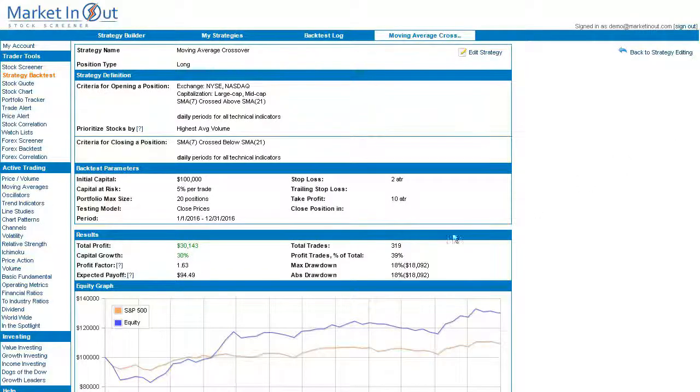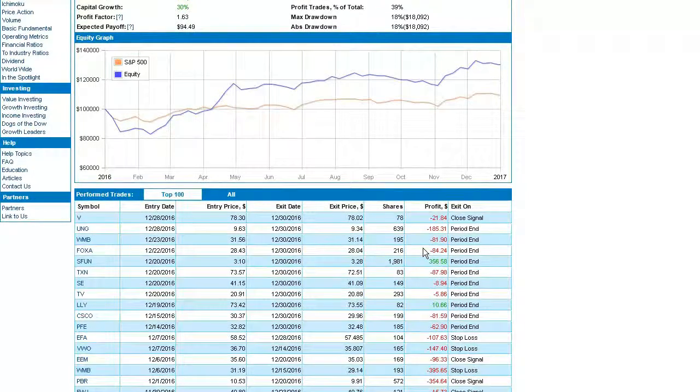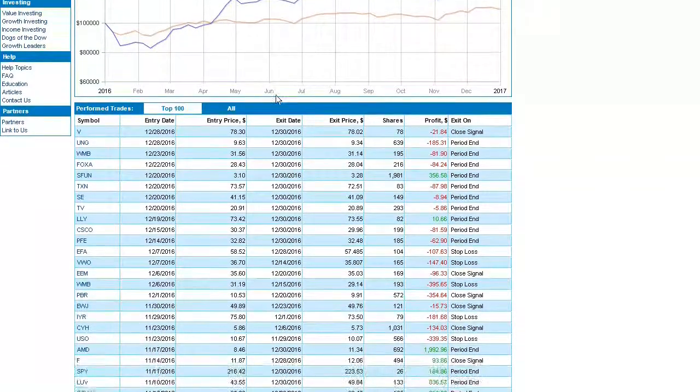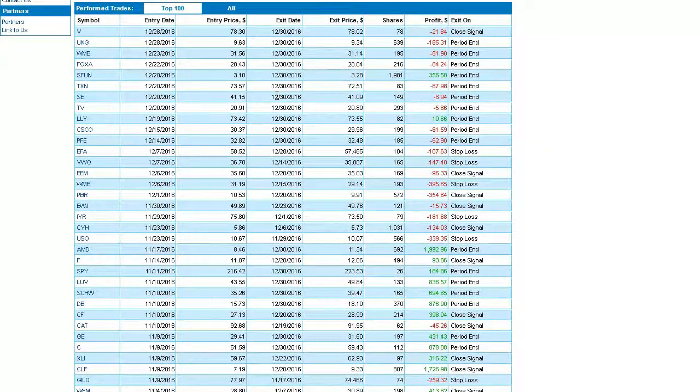We can also see a performance chart. In this case, the benchmark S&P 500 is represented by orange, and the strategy is here in blue. If we scroll a bit down to the performed trades listing, we can see details on which positions were taken and when they were opened. For a certain stock in the position, we can open a chart and see entry and exit points.